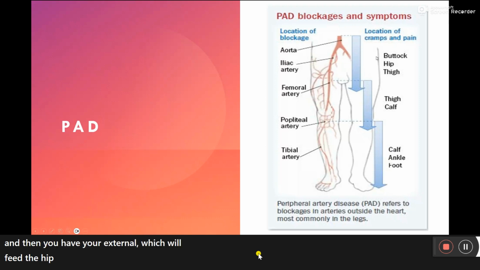So the patient's like, whenever I walk, I get these bad cramps in my butt or my hip, and I'll rest, I'll sit for a little while, and then they'll go away. Well, that's going to lead the doctor to think, okay, they probably have a blockage somewhere in either their distal abdominal aorta or the iliac region.